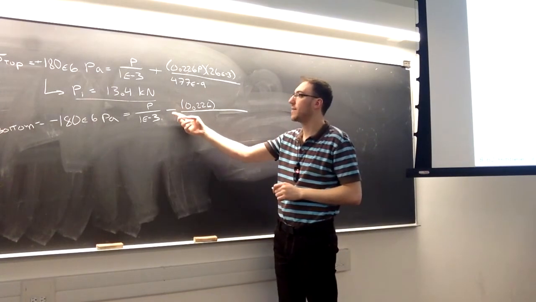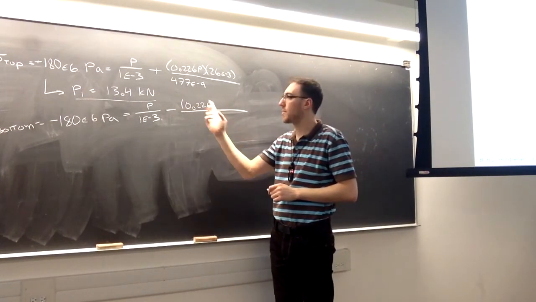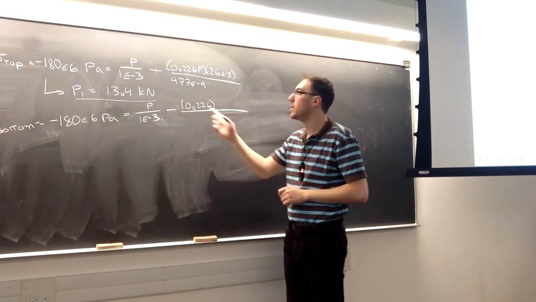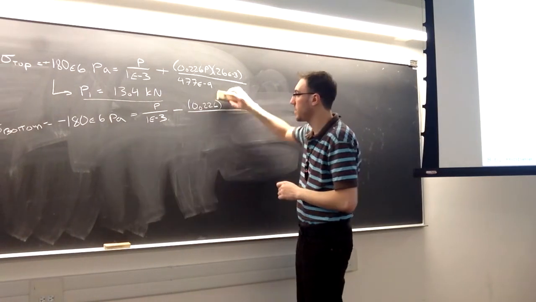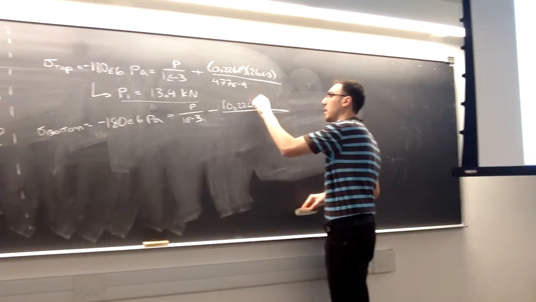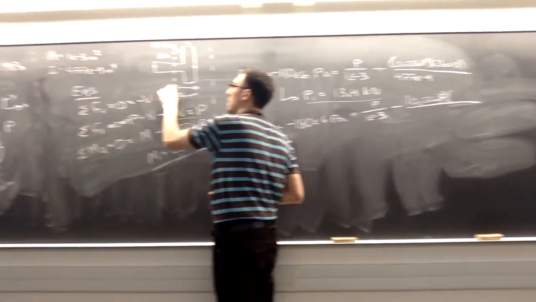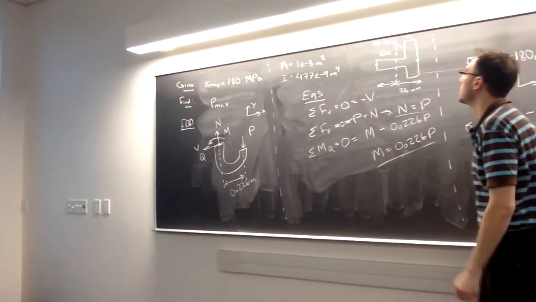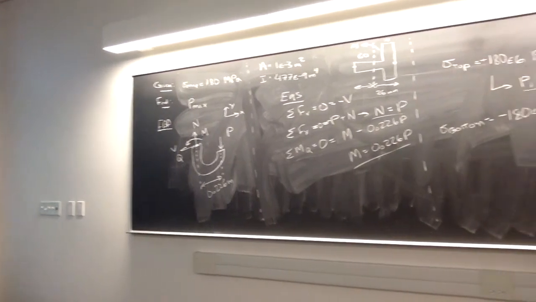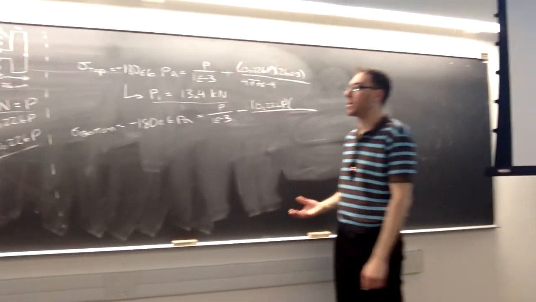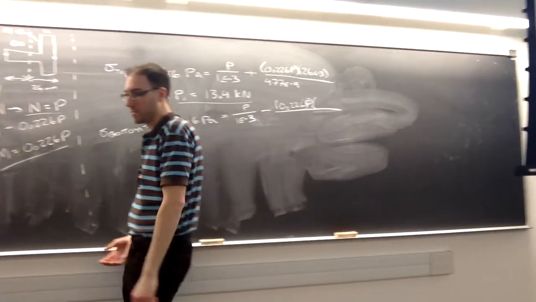So this will be a negative out in front. The bending stress is compressive. The axial stress is positive. So negative 0.226 P times this distance, which is going to be 70 millimeters minus 26.